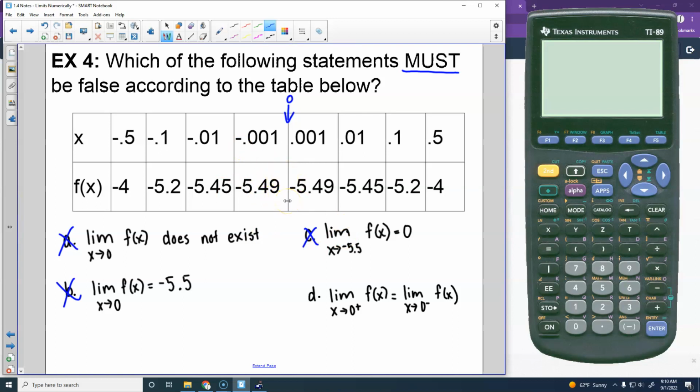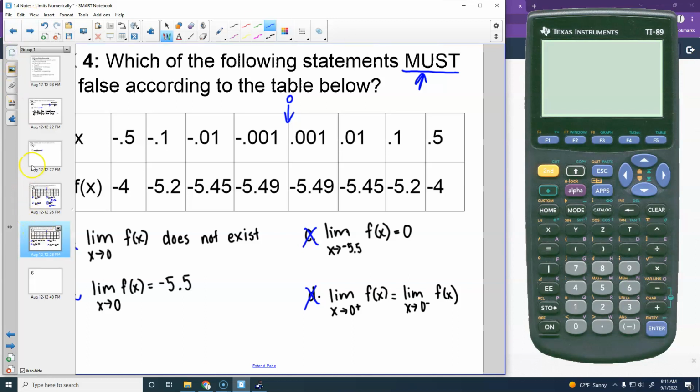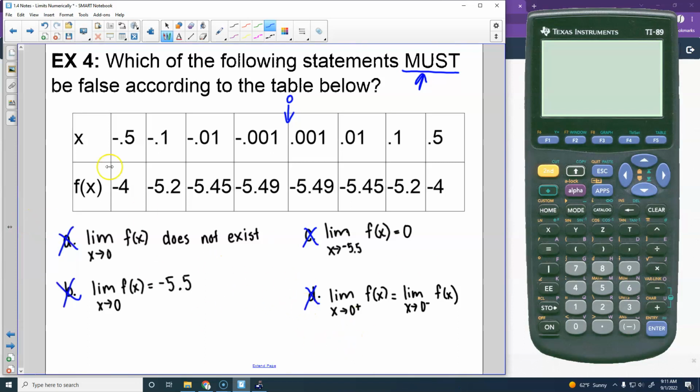It looks like the limits from both sides are the same. So this appears true. I put this question here specifically to emphasize to you that whenever you are doing numerical limits, and you see something like this, something must be false, then you're not really going to be able to prove that. So there's no answer for this. This was a trick question that I had thrown in here on purpose for you. So watch out for that.